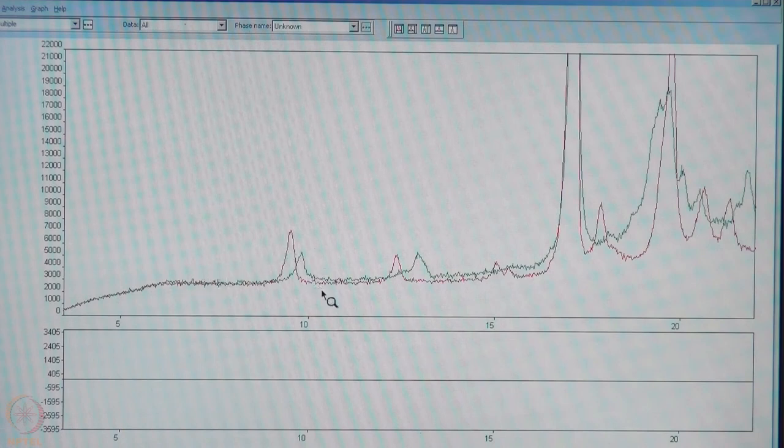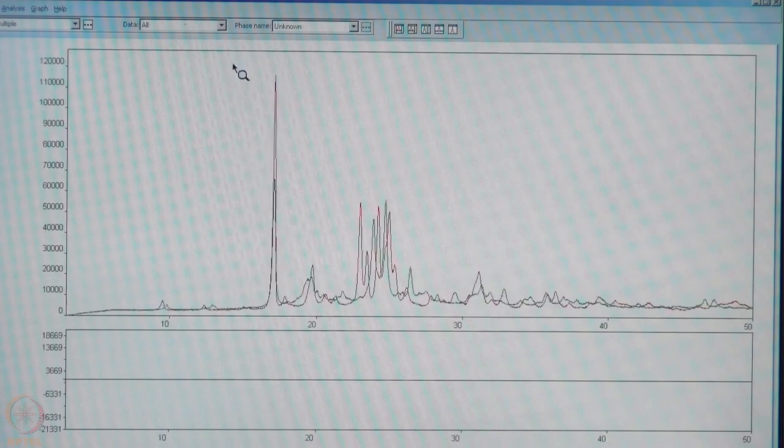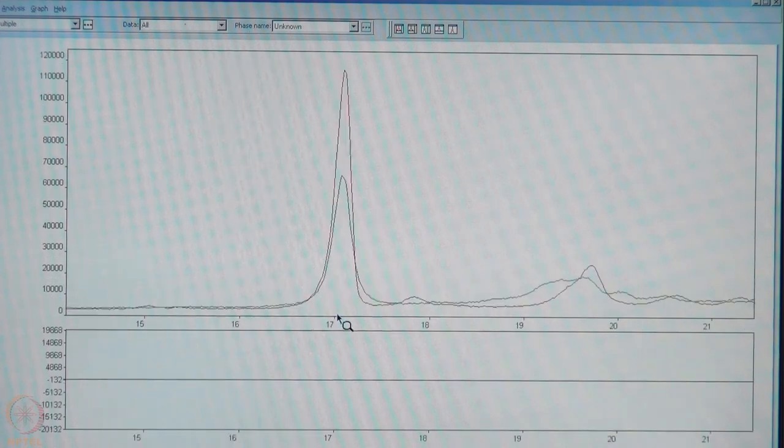So, here what we can see is that there are two powder patterns, red and green. These are recorded on two different polymorphs of the same compound. You see the peak positions are different. In some cases, the peak is shifted towards the left.